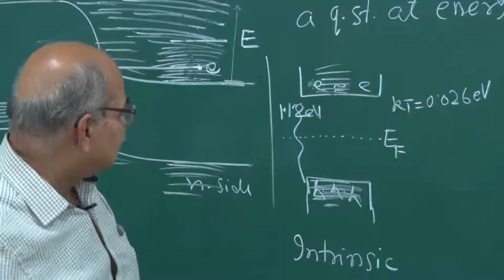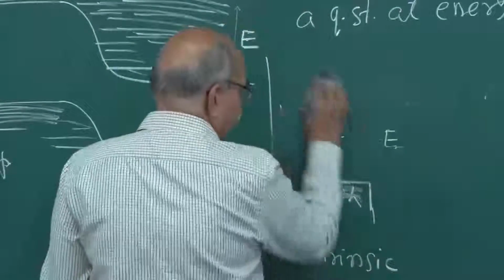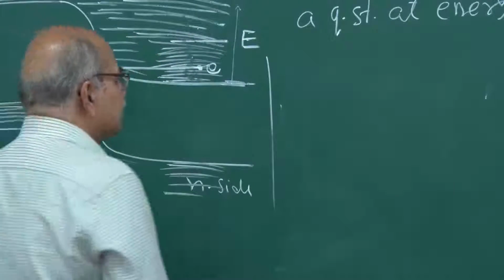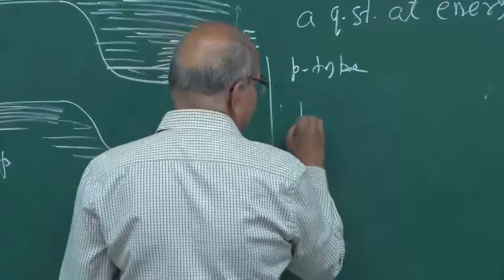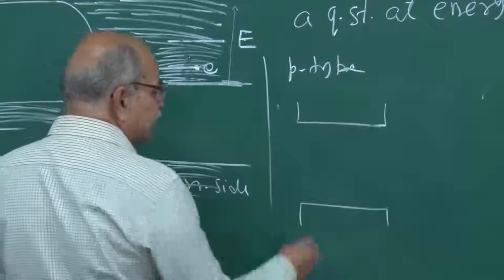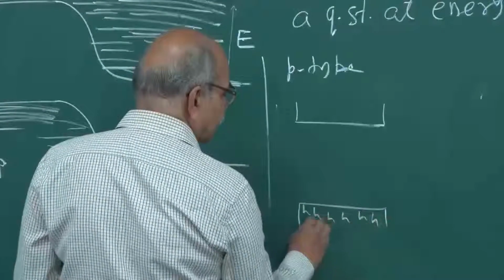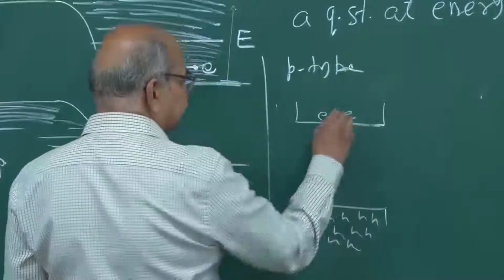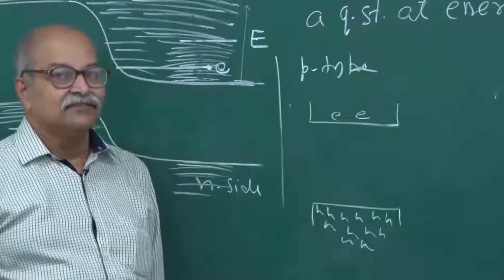And if you have a p-type semiconductor, what happens? You have the conduction band here, and you have the valence band here, and you have many holes and few electrons. So where do you think is the Fermi energy?